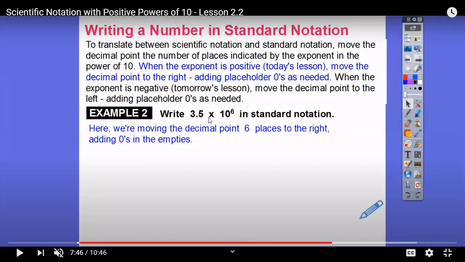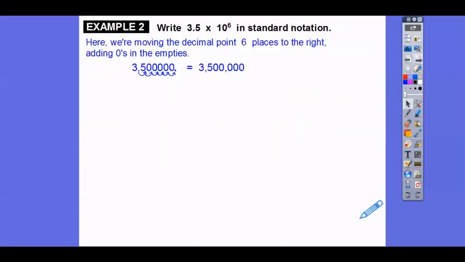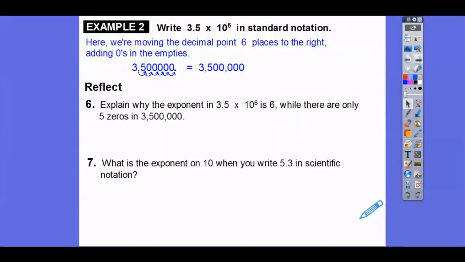Yes, we need 5 more zeros. For 3.5, we move the decimal point 1 digit, and for the rest we have to add zeros. So the answer will be 3,500,000.